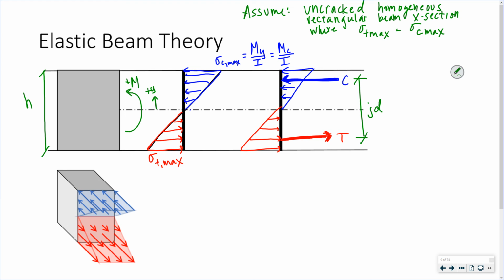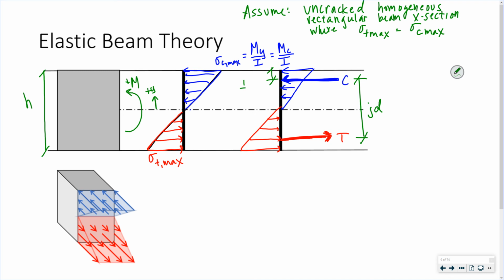That's that lever arm. And right now we know this would be 1/3 of h over 2.